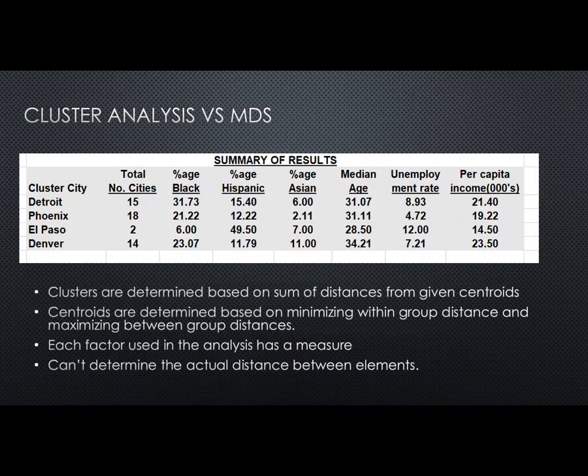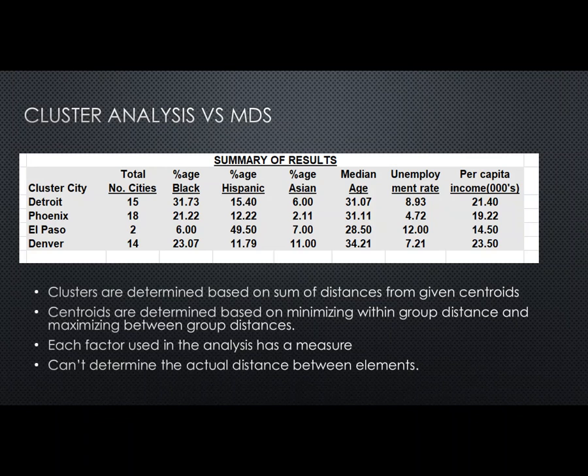So first of all, let's look at a cluster analysis versus an MDS in terms of what we'll see in results. So this is a summary of results for a cluster analysis. And with this, what we have are 4 different centroids that were used in this cluster analysis. And you can see here, these were various cities.